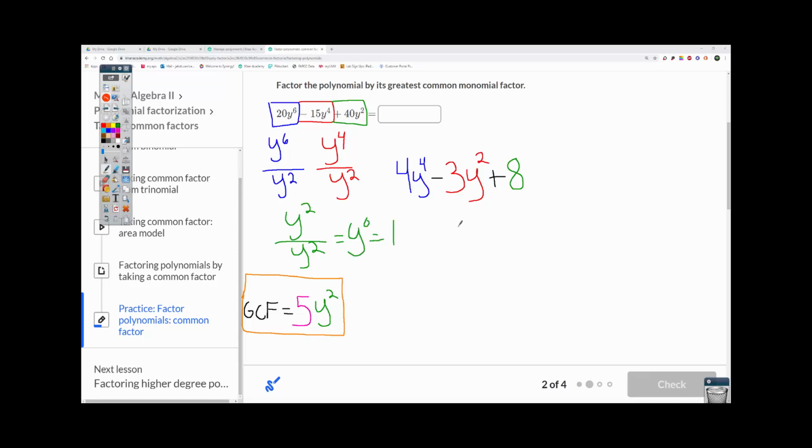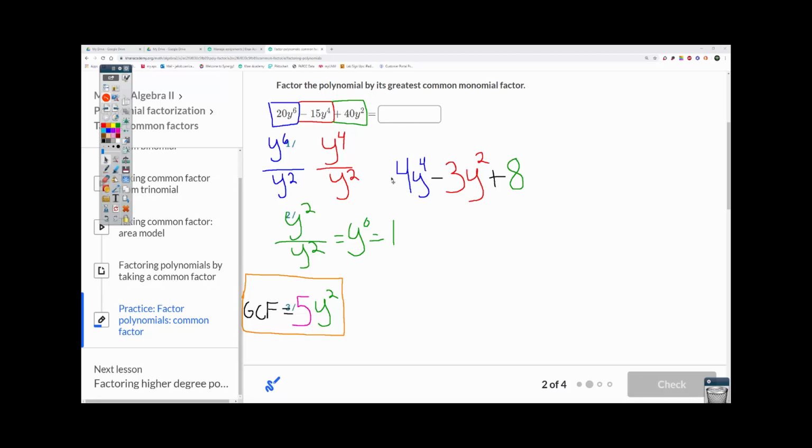Anything to the power of 0, except for 0, is 1. And remember, this 1 that we factored out and the 8, we would multiply those together, but anything times 1 is itself. So this is what we are left with.